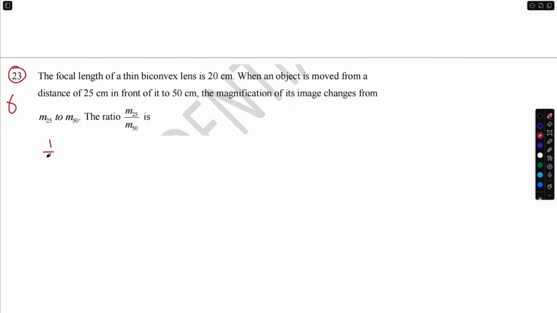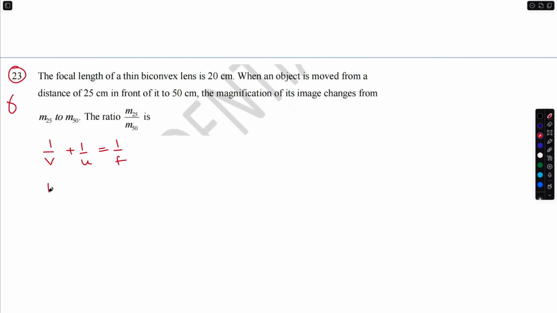Here, 1 by V plus 1 by U is 1 by F. When the object is moved from a position of 25 centimeters in front of it to 50 centimeters, the magnification of the image changes from M25 to M50, right?